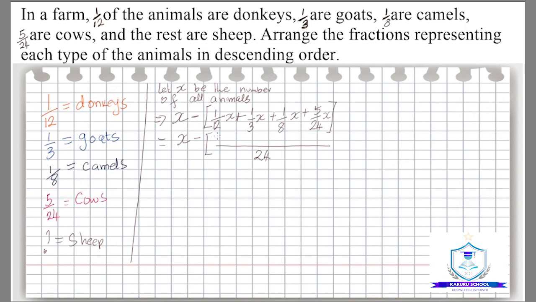This will give us 2x. Then you add 24 divided by 3. This will give us 8, so you have 8x, plus 24 divided by 8, you get 3. So this gives us 3x. Then we have 24 divided by 24 gives us 1. Multiply by 5, you get 5x.